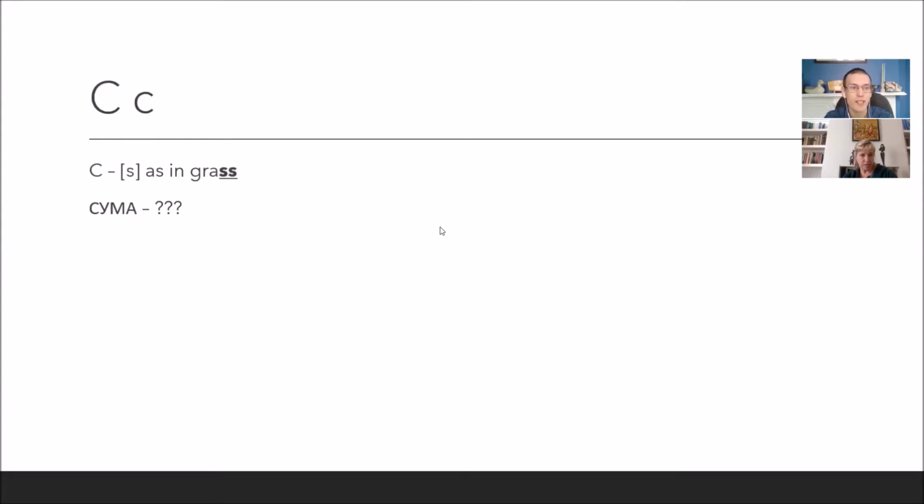This is letter S, which makes sound S, as in grass. And there is a word in Ukrainian that you can read, S-U-M-A, suma.